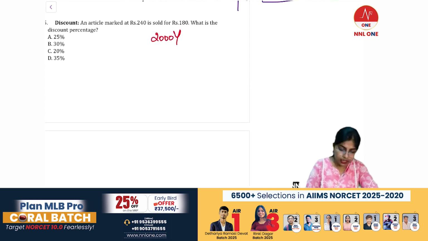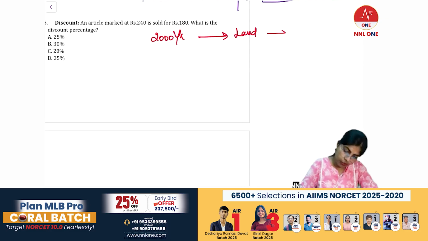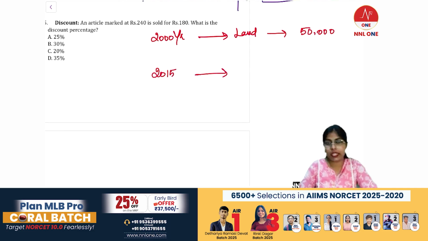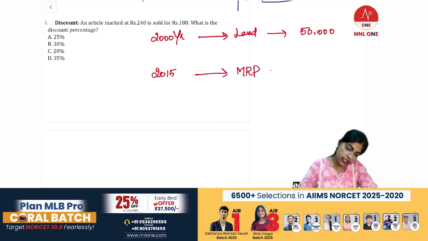I'm buying a land in the year 2000 for rupees 50,000. And in the year 2015, I'm planning to sell the land, but I haven't sold it. I'm fixing its market price as rupees 1 lakh.